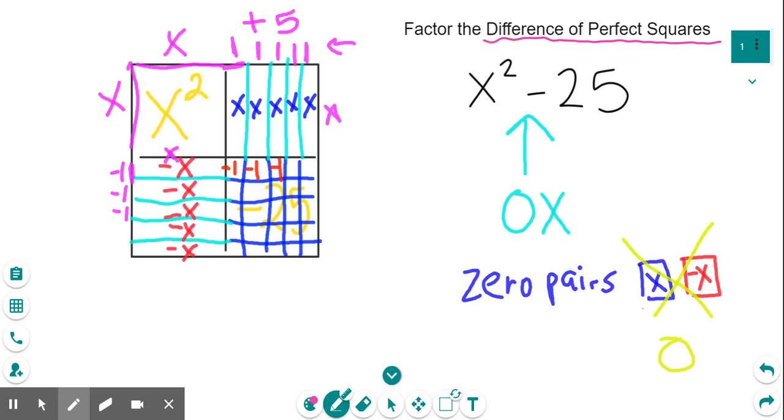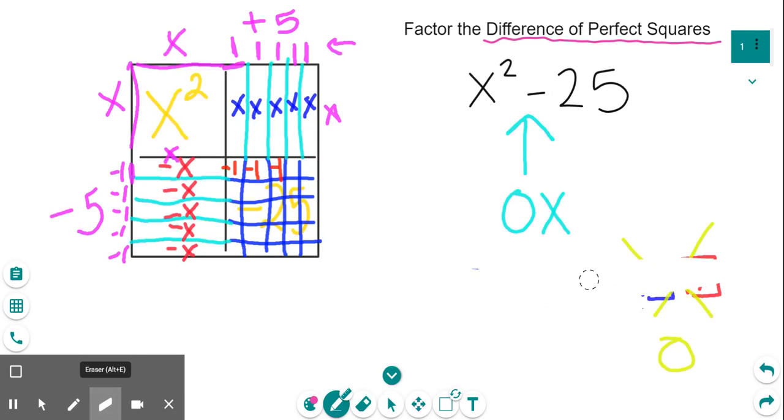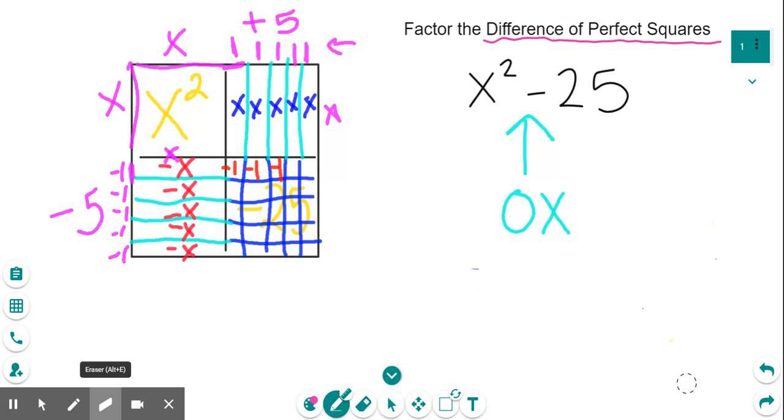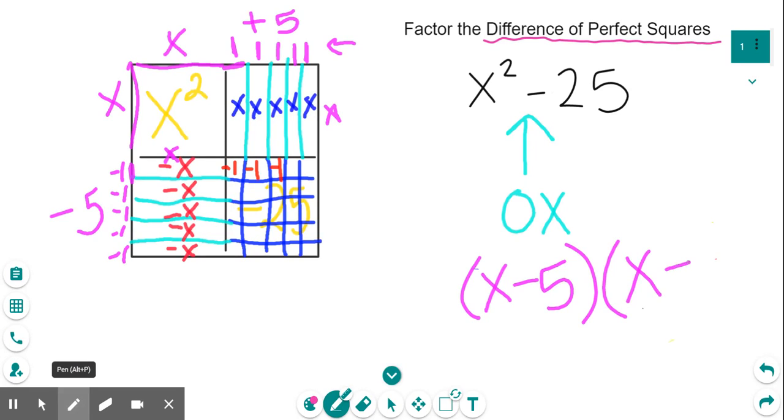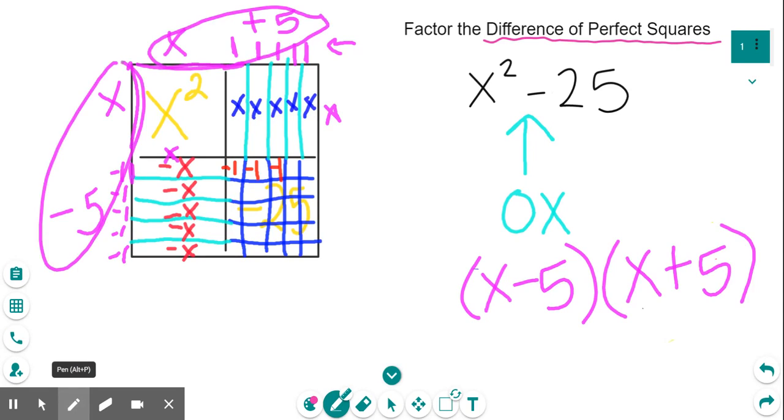So x by negative 1 is negative x. So these are all negative 1s. So this is negative 5. So if I wanted to factor this, I would write x minus 5 times x plus 5. Okay, this is my x plus 5, and this is my x minus 5.